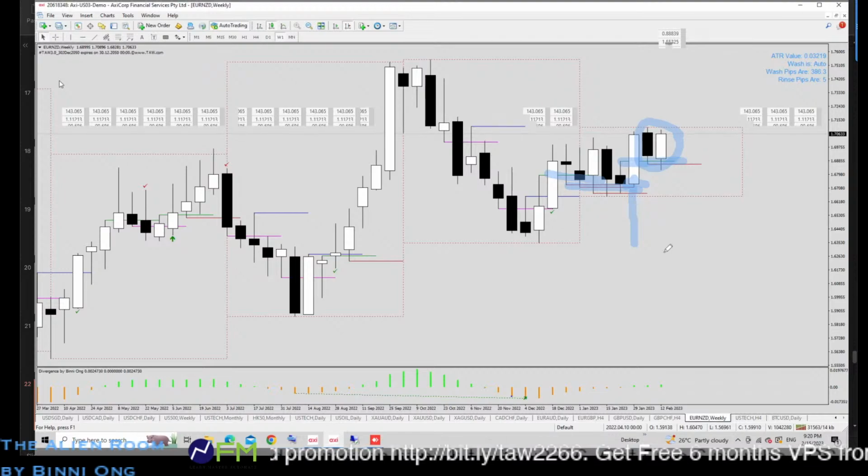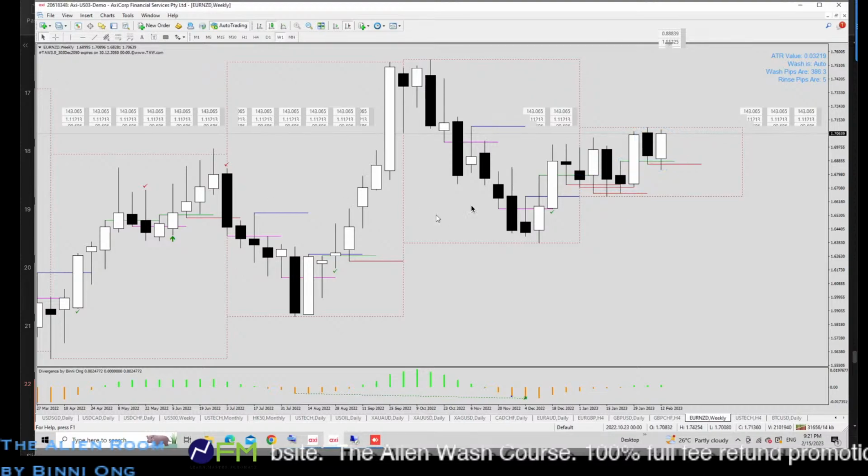Anyway, they are all very important levels. I have to look through the code to understand. But it's not important to know what each color is. They're just very important support resistance lines, and it gives you that visual impact to conclude you want to consider a potential long, a potential buy.